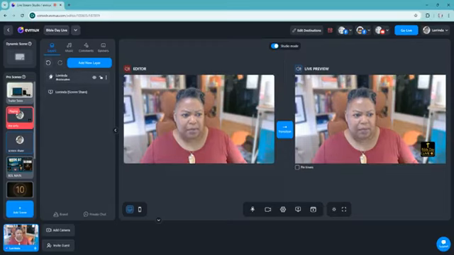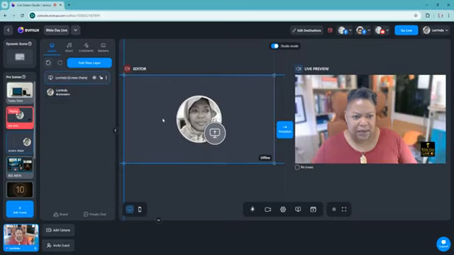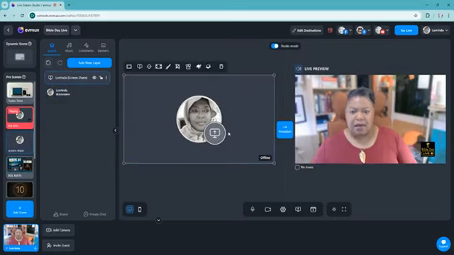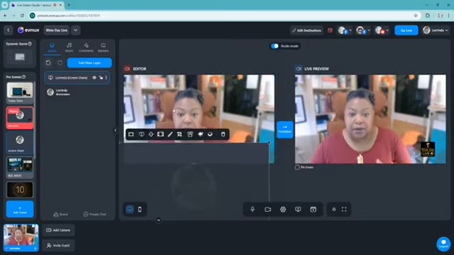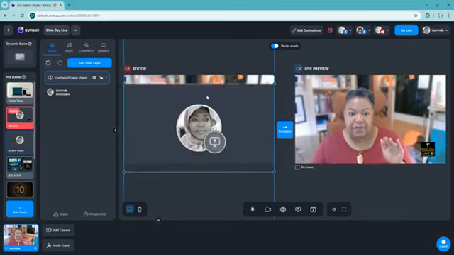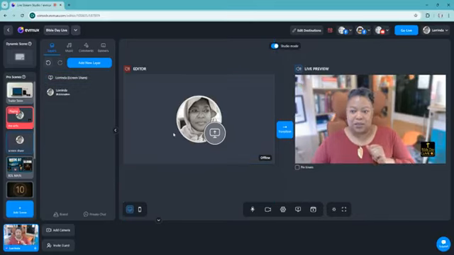I want my webcam to be below it. So let's put this back on there. Okay, so that means I should get a full webcam, even though you won't be able to see it when I'm doing the screen share.